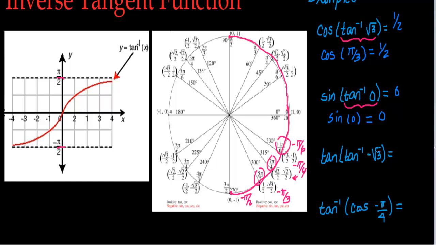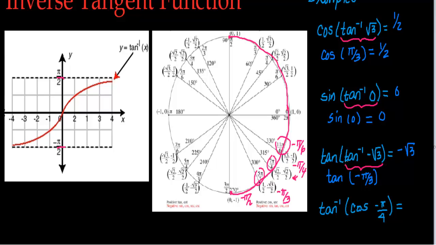Okay, so negative square root of 3, what angle do I take the tangent of and get negative square root of 3? That happens at negative pi thirds. So this piece here is negative pi thirds, so I can rewrite this as the tangent of negative pi thirds. And now I take the tangent at negative pi thirds, and what do I get? I get negative square root of 3.